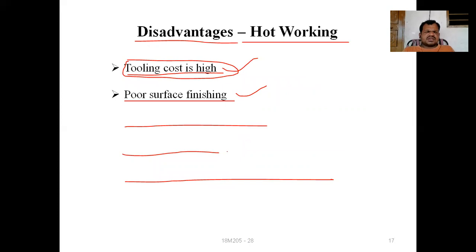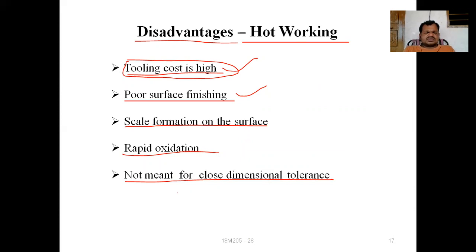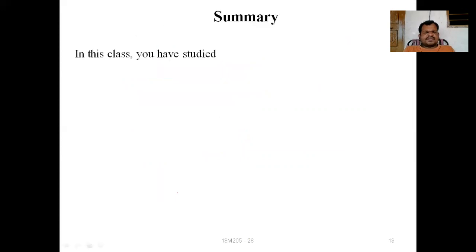Coming to disadvantages, tooling cost is high, poor surface finishing, scale formation on the surface, rapid oxidation, and it does not meet close dimensional tolerance.